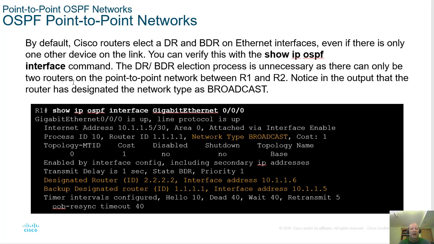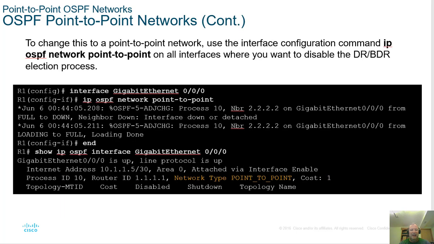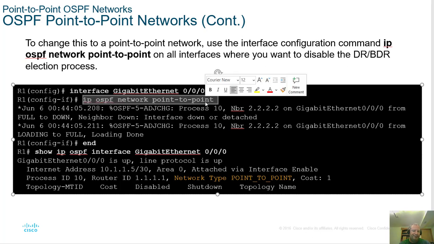Point-to-point networks. One of the things you can do with a point-to-point network is turn off the BDR election process when you don't need it. If it's a point-to-point network, you can set it up that way, and you can use the point-to-point command on the interface. Here's how you can set that up: interface G0/0/0, ip ospf network point-to-point.